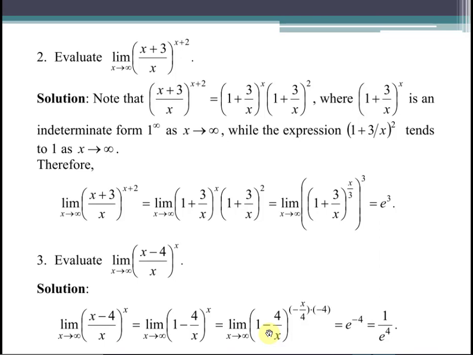The first term is 1, to use the formula. Then this bracket, 1 minus 4 over x, to the power of minus x over 4, gives us the number e. This is the number e to the power of minus 4, or 1 over e to the power of 4.